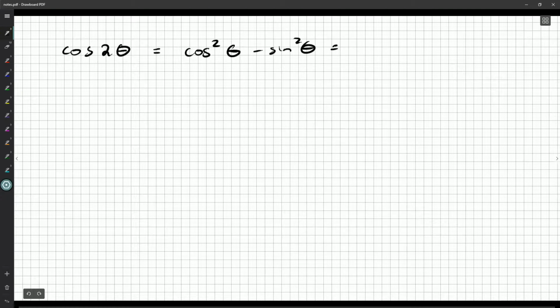But I can change that, adding on a cosine theta and a sine theta, so I can make it 2 cos squared theta minus 1.